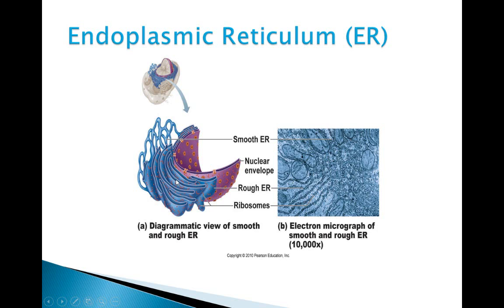And so the purpose of the endoplasmic reticulum rough is to help with protein production. Because it has the ribosomes on it, as we know, ribosomes help with protein production. So if the endoplasmic reticulum has the ribosomes attached, its role too is to help produce protein.